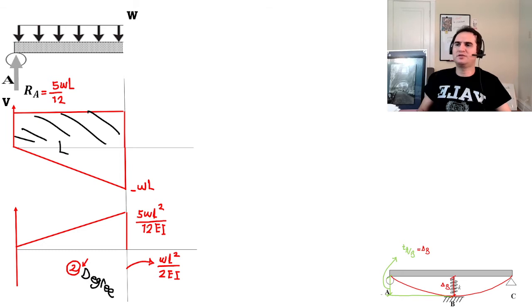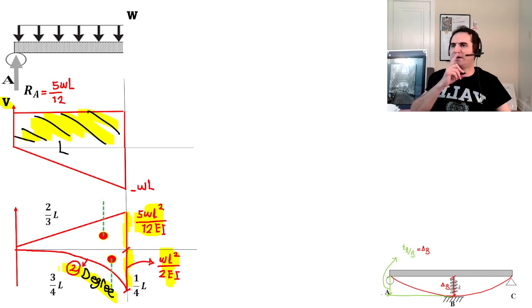So that's 5 over 12 WL squared over EI, which is the area under the first part of the shear, here, not here, just here. And for the other one, which is a second degree curve, this amount goes by an area over here. So that's WL squared over 2EI. This is a positive area, and the other one is negative.